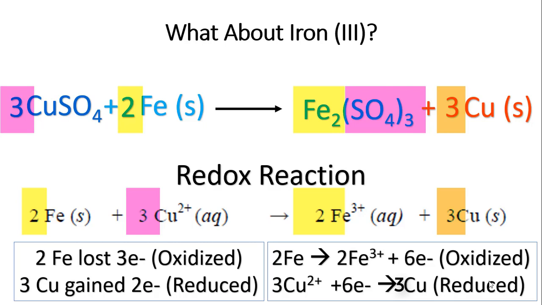And we have 3 coppers in the +2 oxidation state, and that means that you have 3 atoms of copper with a +2 charge, and then you need 2 electrons for each one of those atoms for that charge to go from +2 to 0. So that +6 electrons gives me copper 0, reduced.